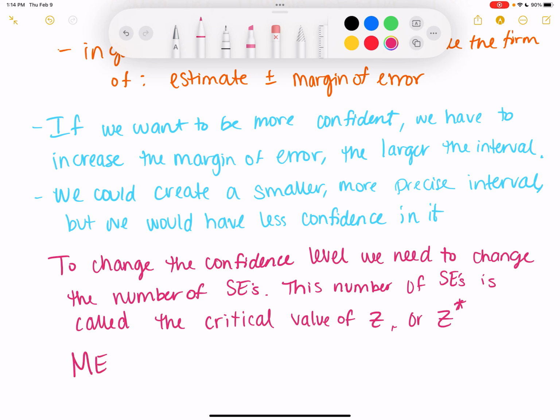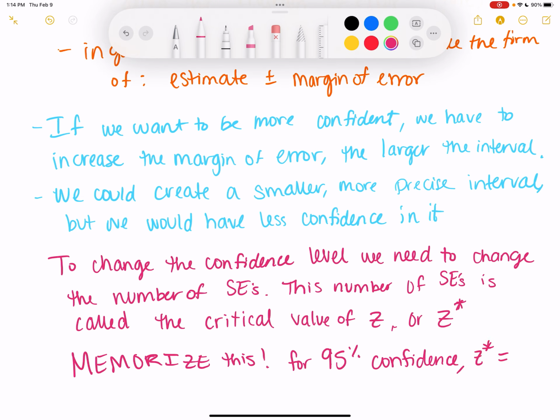So memorize this next thing because you're going to need to know it. For 95% confidence, Z star is equal to 1.96.